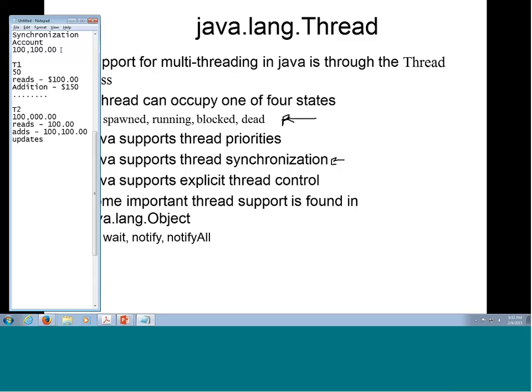Now, if T1 wakes up, it should say, okay, I'm going to do an addition of 50 bucks, but let me start again. I'm not just going to take this value. I'm going to start the process all over again, and I'll read the balance to be that. Then I'll add $50 to make the balance that.